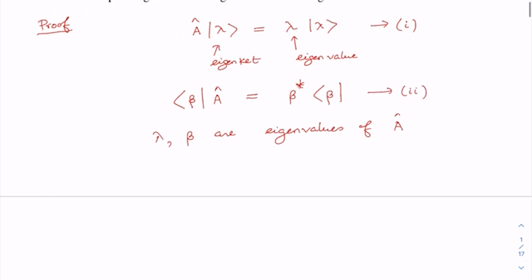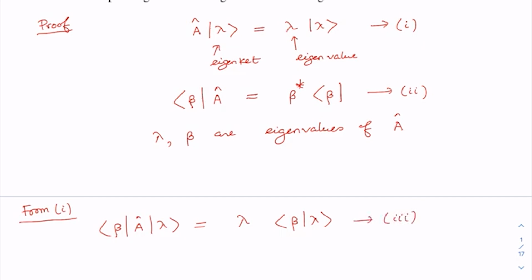Now let me multiply equation 1 on the left hand side by bra β on both sides. So from 1 I have ⟨β|A|λ⟩. Similarly I have to multiply the right hand side as well. λ is a number, so I have here λ⟨β|λ⟩. So let's say this is my equation number 3.